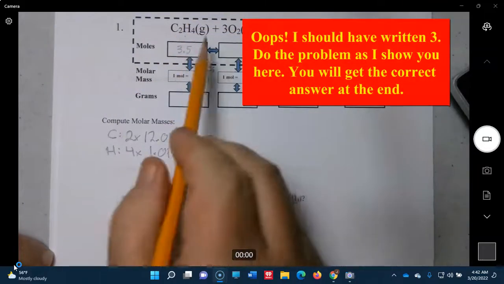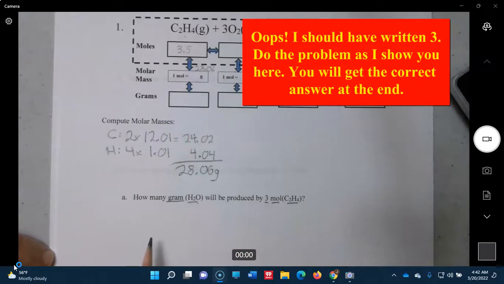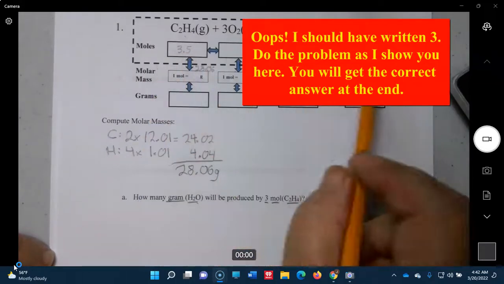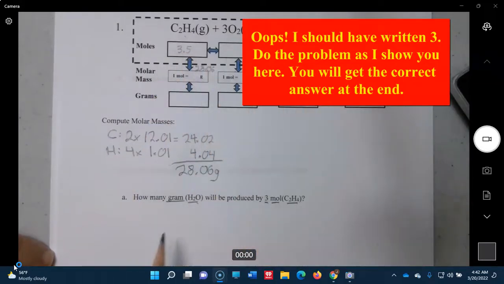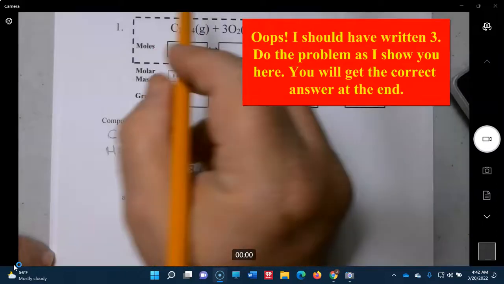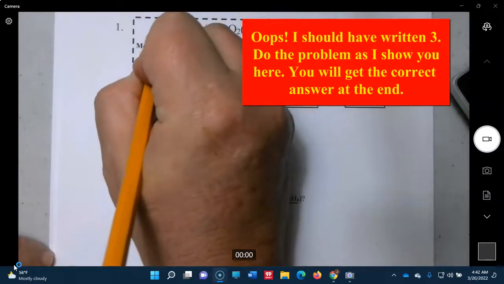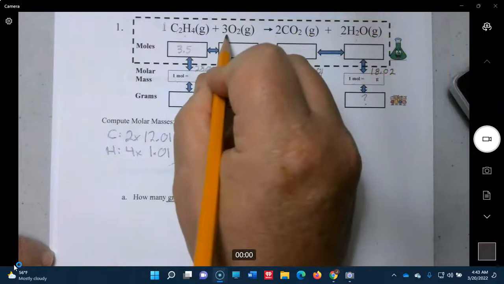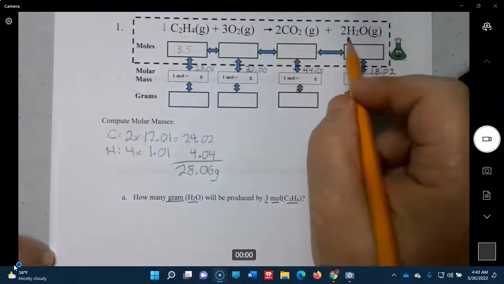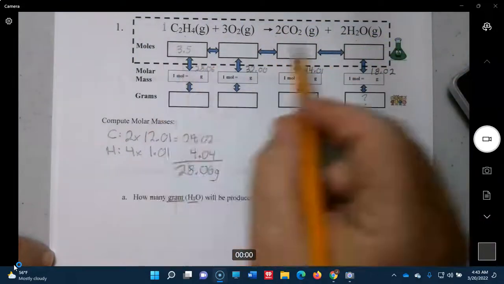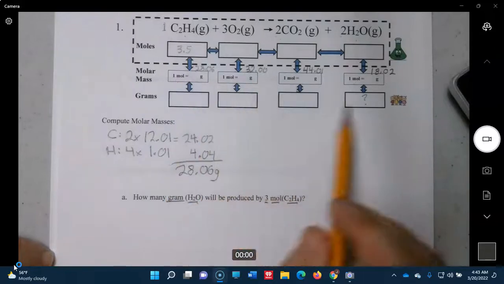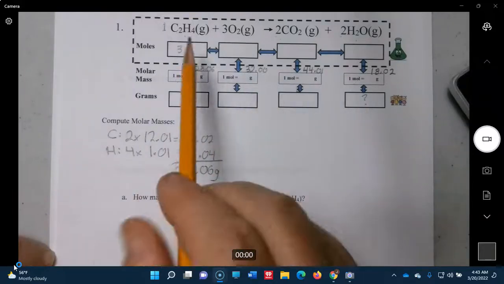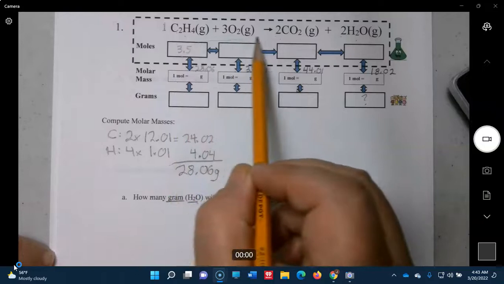You need a path from what you know to what you don't know. You can only go sideways inside the chemical equation because it's the only place that we know relationships. This is 1 mole C2H4, 3 moles O2, 2 moles CO2, 2 moles H2O. It's the only relationships. You don't know relationships of grams. So we go across from here to here.